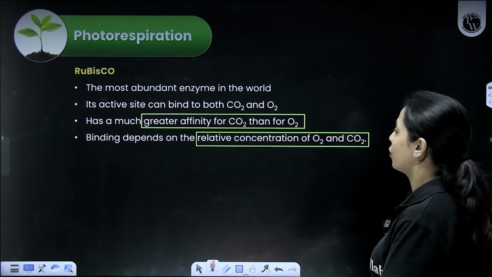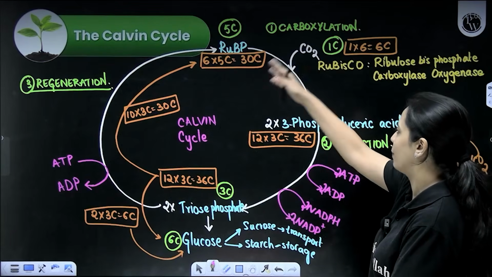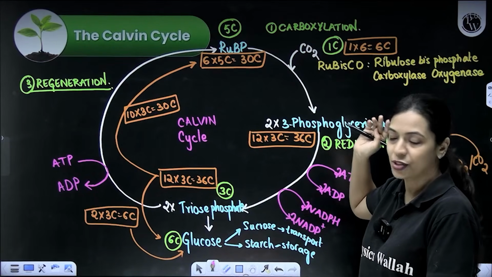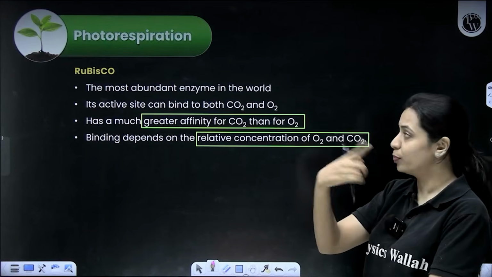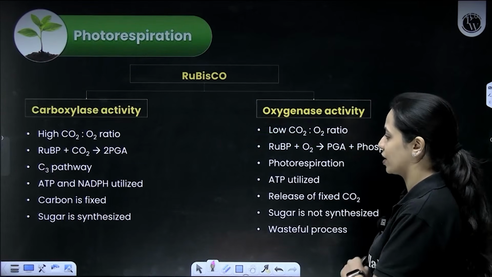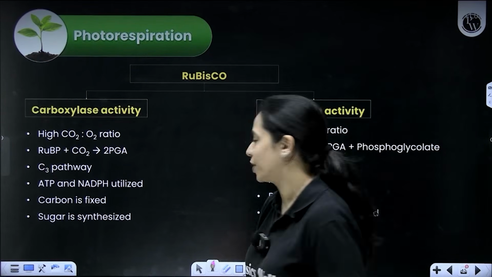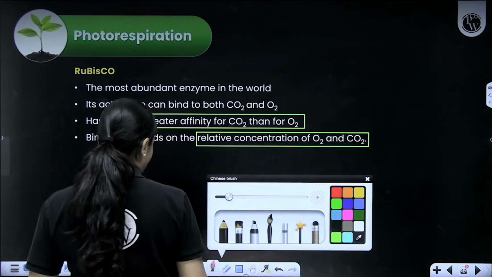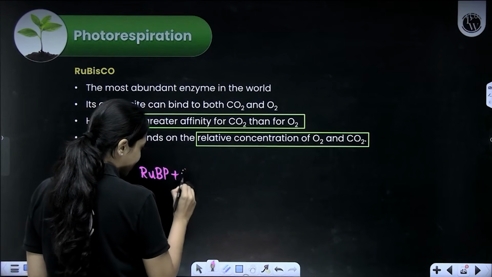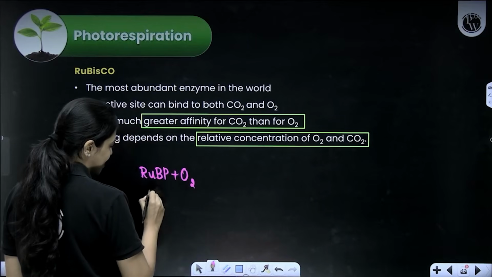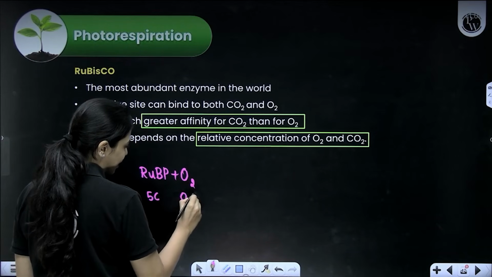So if it performs carboxylation activity, what's going to happen? The Calvin cycle will proceed. But if it shows oxygenation, another process will happen that is called photorespiration. When photorespiration happens, RuBP is oxygenated. RuBP has 5 carbons, oxygen has 0 carbon.